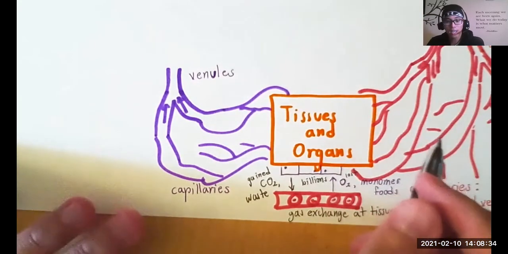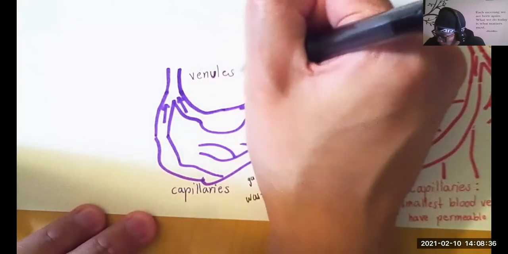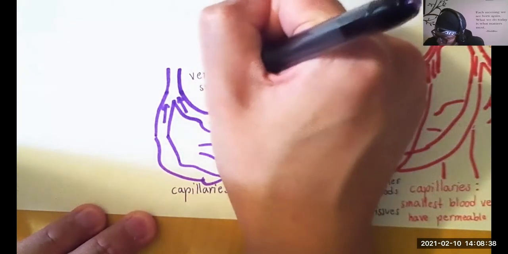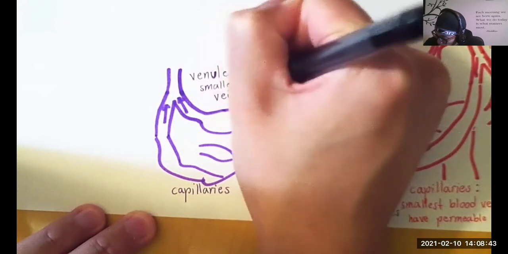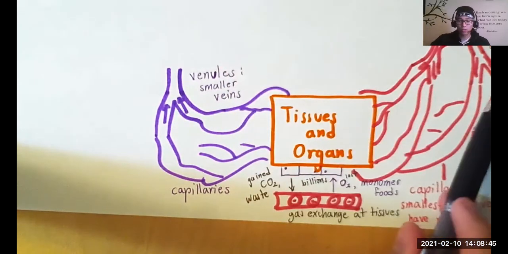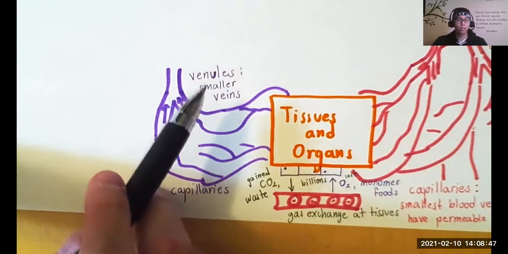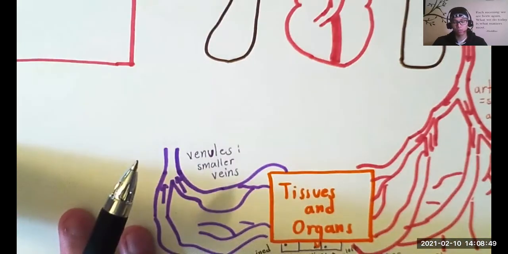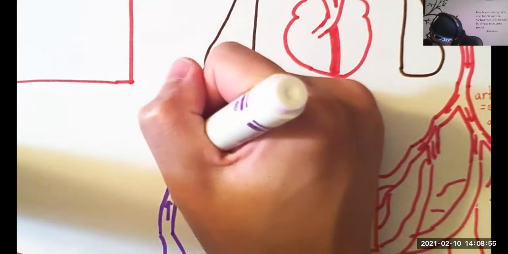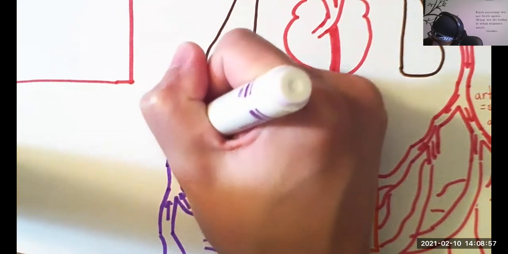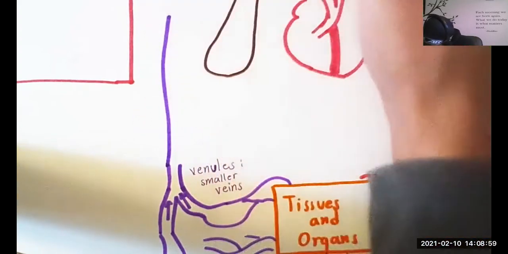Venules. These are smaller veins. Arterioles are smaller arteries. Venules are smaller veins. And when the venules group up, they will form, you guessed it, the veins.